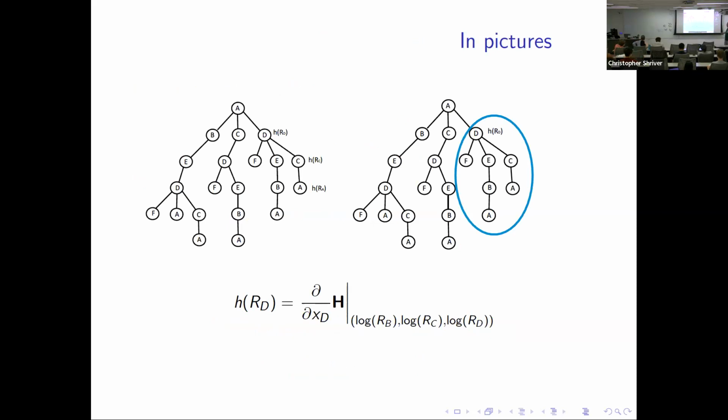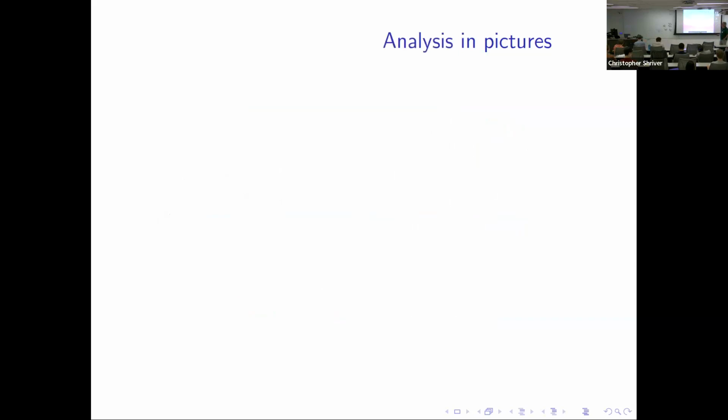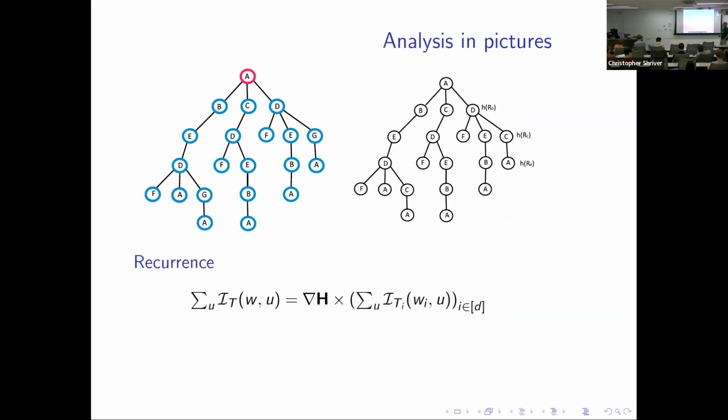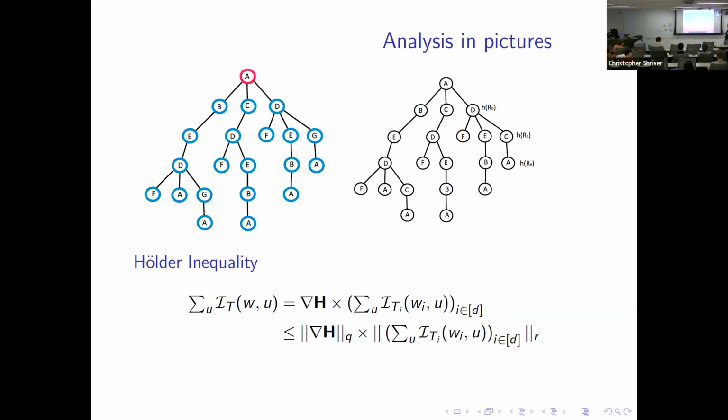So this equation essentially reduces to arguing that at each vertex here we have a value. For this vertex D, we have this value h of Rd, which is some partial derivative of this function h, which refers to the subtree. And then what we want to do with these quantities is apply Hölder's inequality, something like that.